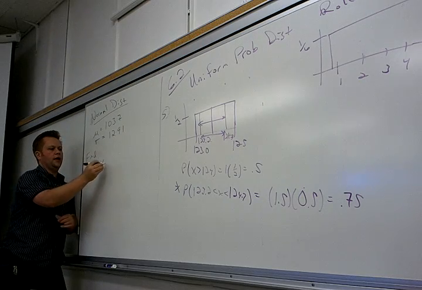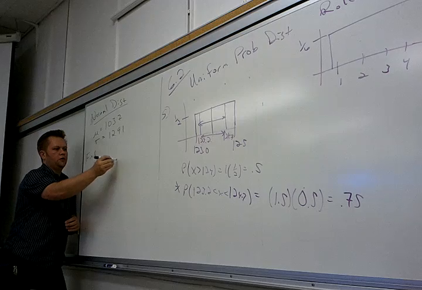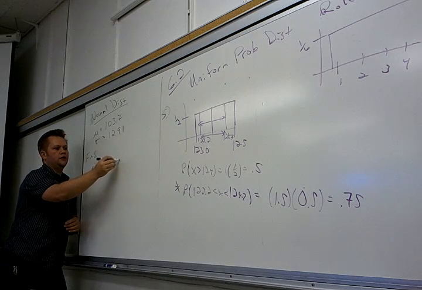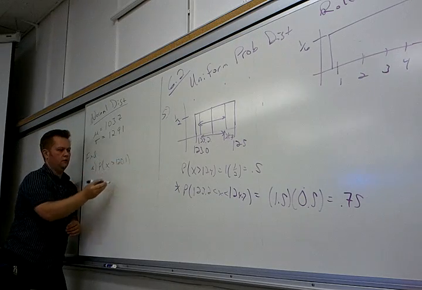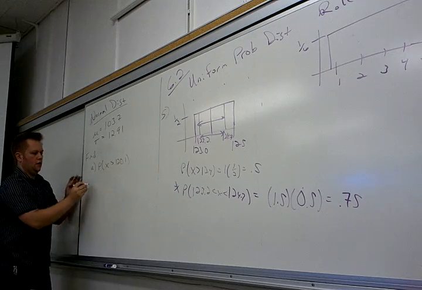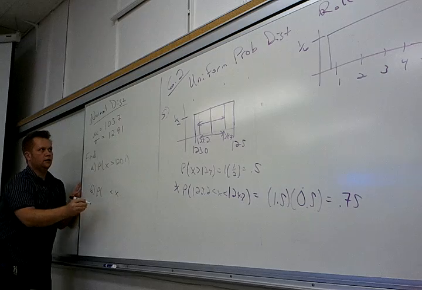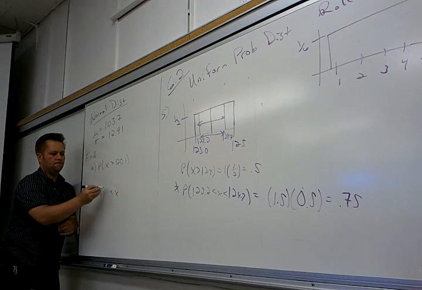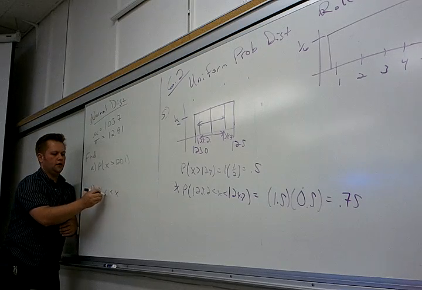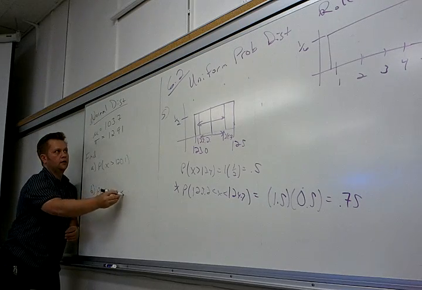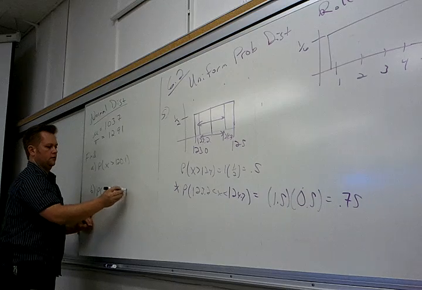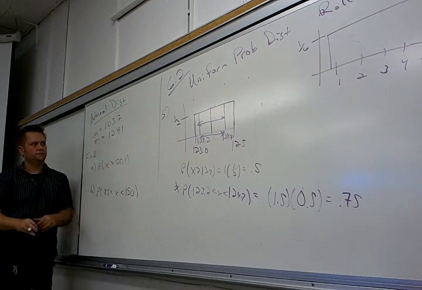Find the probability that x is more than 120.1, and find the probability that x is between 85 and 150.